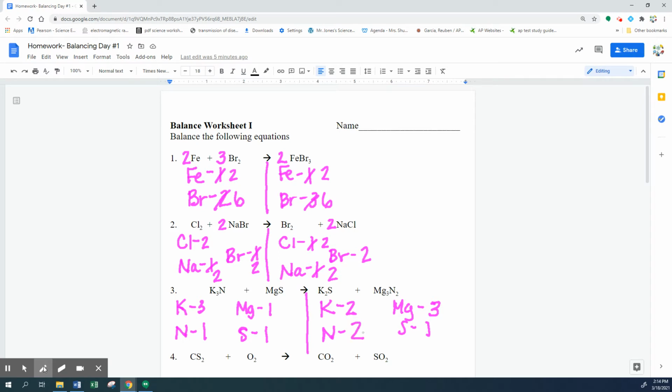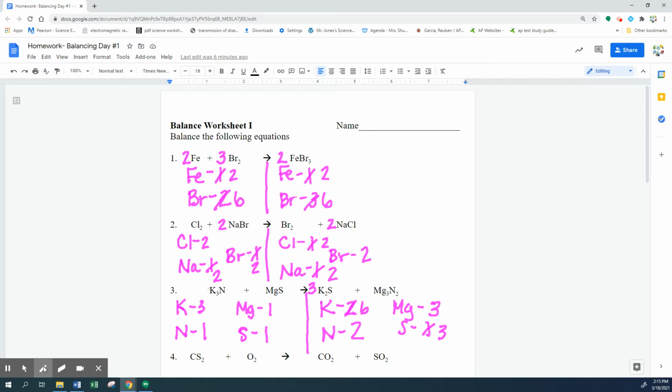I'm going to start balancing really wherever I would like. We can start with potassium. I have 3 here and 2 here. So the lowest common multiple, or smallest thing that they can both go into, is 6. So I'm going to make this 6 by multiplying by 3. That does change my potassium to 6, but it also changes my sulfur to 3.